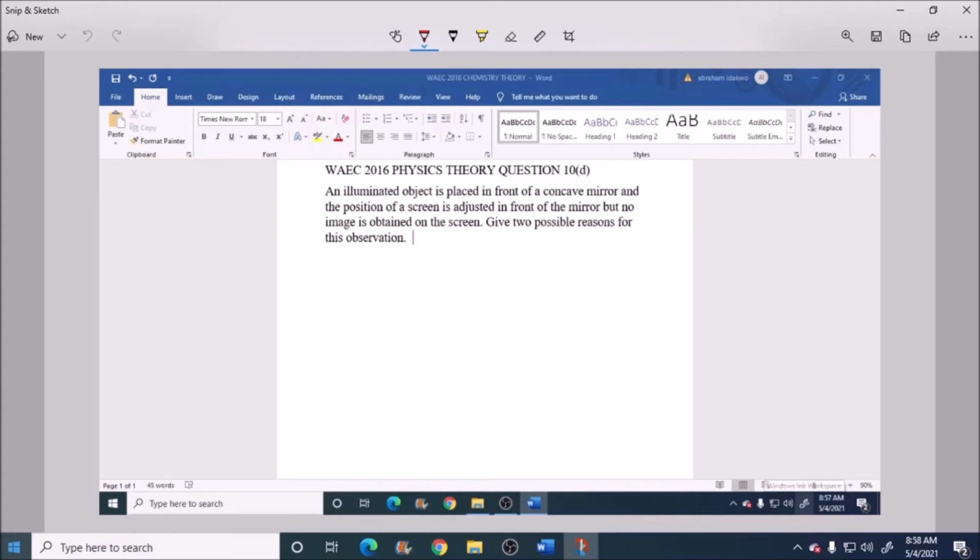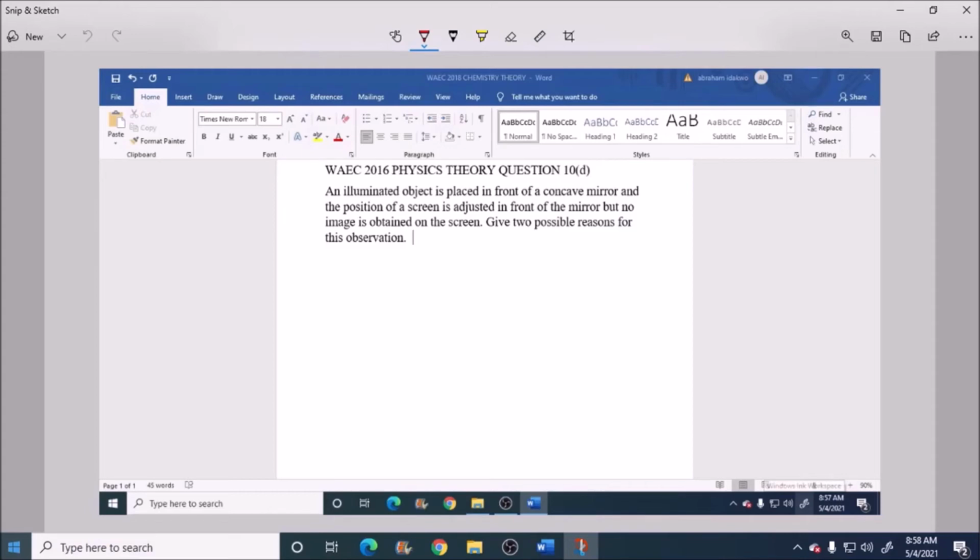The object is placed between the focus and the pole. And another reason is because the screen is located at a distance less than or greater than the actual image distance. So these are the possible reasons for this observation.